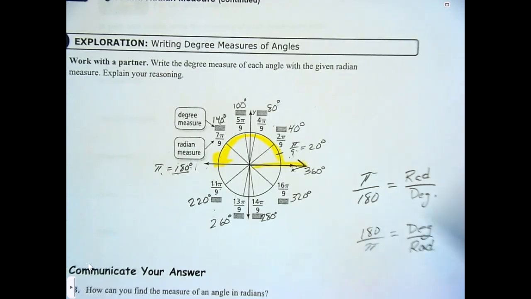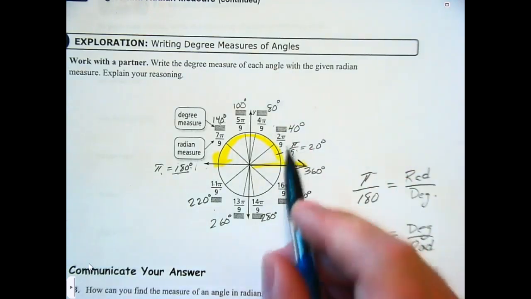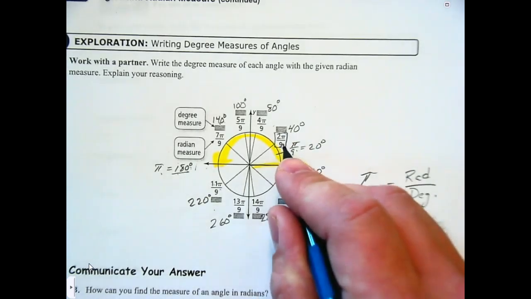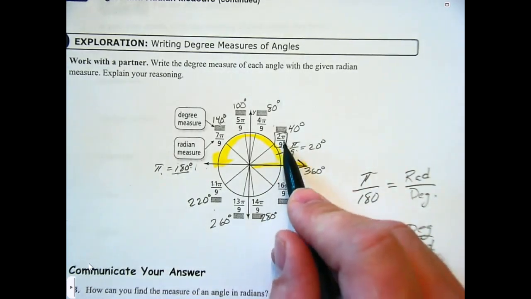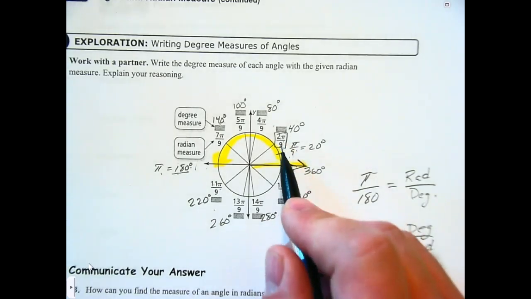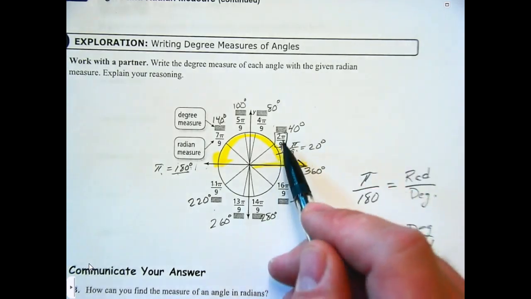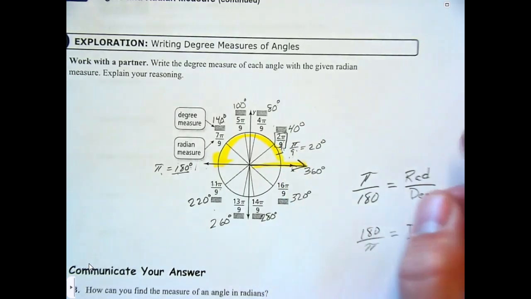Okay? So, no matter what, if I want to find out how many degrees, for instance, say this is going to be kind of an ugly one, but if I have 2 pi over 9 radians, how do I know that's a radian measure? Good, because it has pi. Now, if we actually did, everyone on your calculator do 2 pi divided by 9.